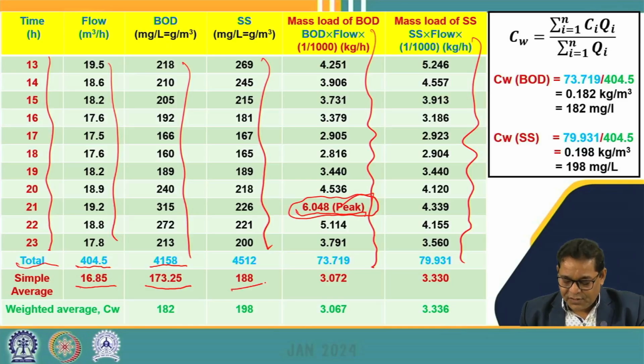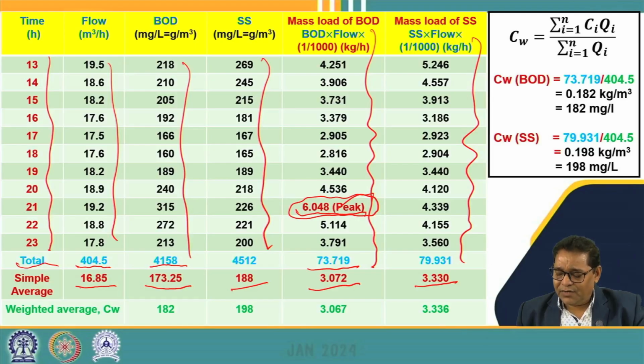Similarly, for suspended solids we can get it, and the mass loading rate of BOD also in a similar way, by dividing the total mass load of BOD for all 24 hours by 24, we can get the average mass loading rate of BOD and the average mass loading of suspended solids.